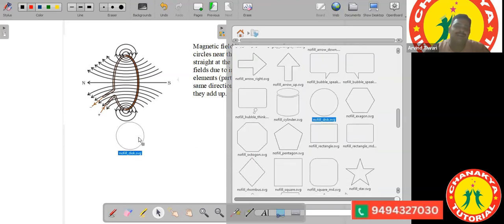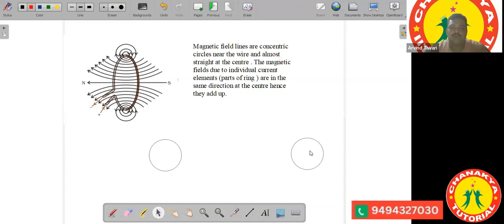So let us say again, we take this circular wire. Suppose we are observing from the front, and let us say in this wire, the current is moving in the clockwise direction.